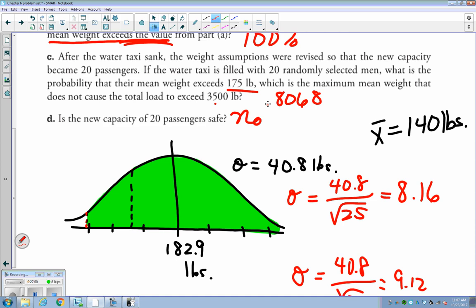More than likely, it's not going to be all men that get on a water taxi. But we want to err on the side of caution, meaning the worst case scenario. And probably if you're sightseeing, it could be couples, it could be a family with 2 kids, so the likelihood of it being all men is small.